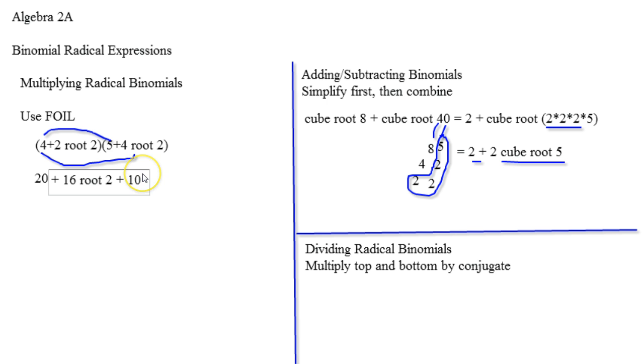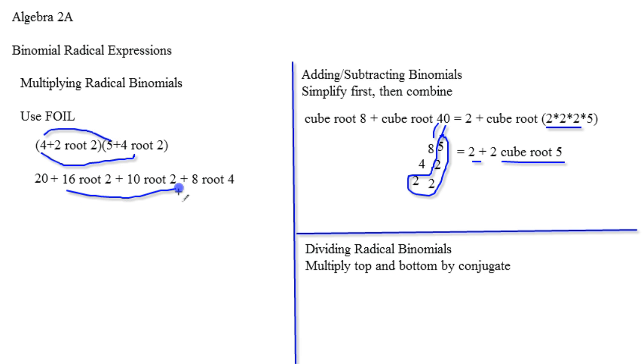And then we would have 10 root 2, because 5 times 2 root 2 is 10 root 2. And then 2 root 2 times 4 root 2, this one's going to be interesting, it's going to be 8 root 4. And then you want to simplify. So when you're multiplying, you want to multiply out, and then simplify before you add like terms and everything.